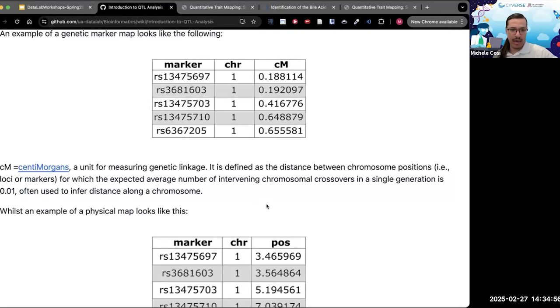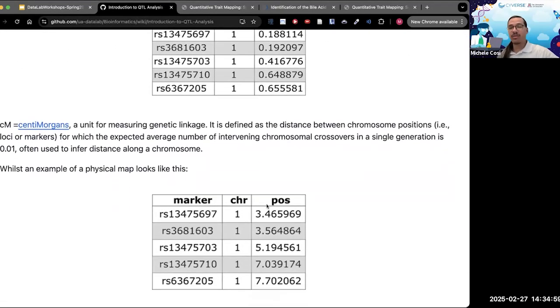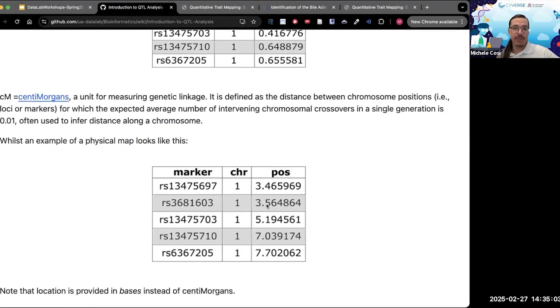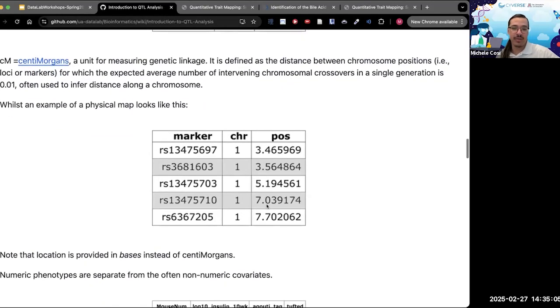Another map that we require, if available, is a physical map, and this actually gives you the position of the marker in bases, meaning that this is an actual physical map of the chromosome itself. Not every organism out there has a physical map, and that's why it is given only if available.